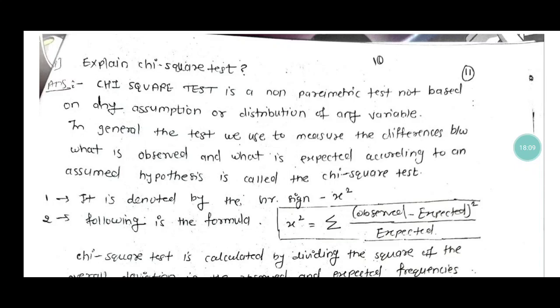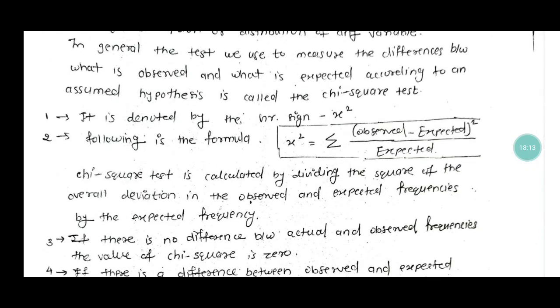It is denoted by the sign χ², and the formula for the chi-square test is χ² = Σ (observed − expected)² / expected.